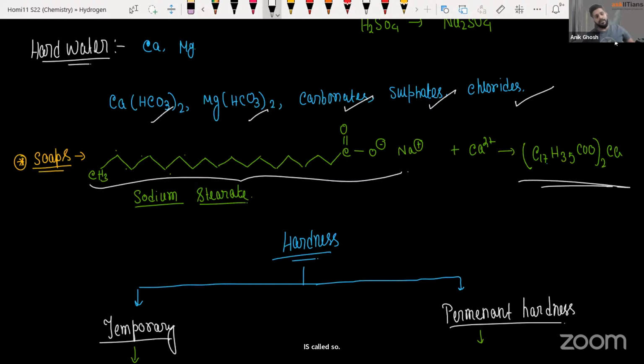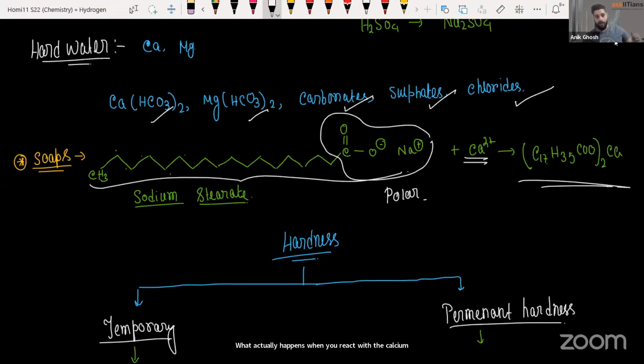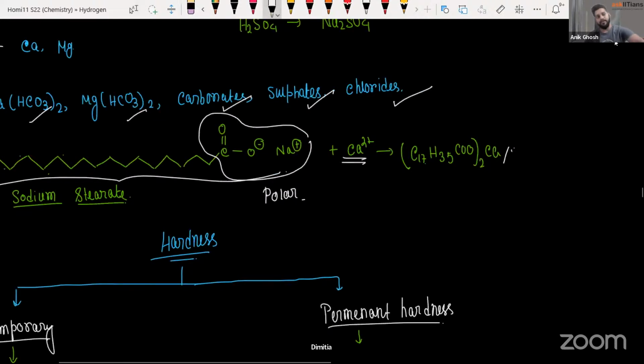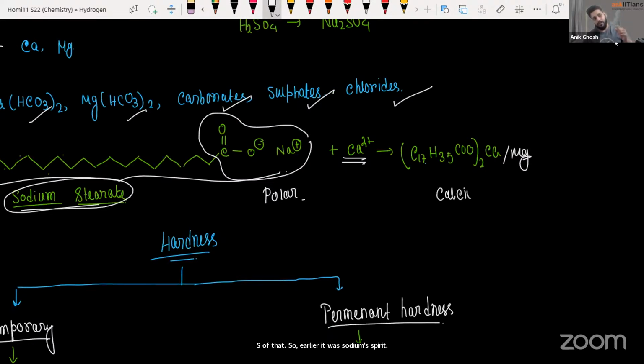Now here, you can see this part is the polar system. What actually happens is when it reacts with the calcium and magnesium salts of water, they make calcium and magnesium salts of that particular acid. So earlier it was sodium stearate. Now, on reacting with calcium, it would become calcium stearate or magnesium stearate.